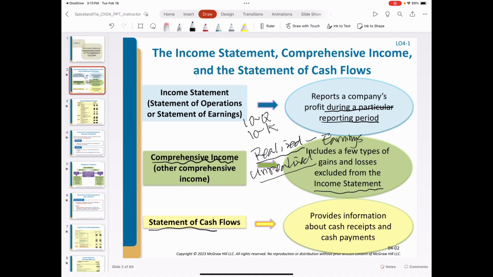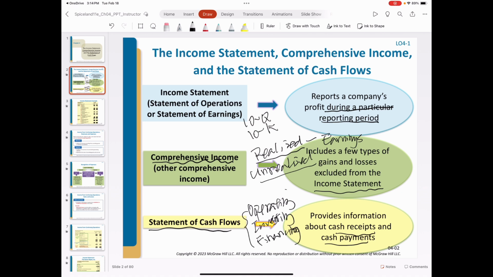And the statement of cash flows provides information regarding either cash inflows or cash outflows. It provides information regarding the net cash flow from operating activities, net cash flow from investment activities, and cash flow from financing activities.